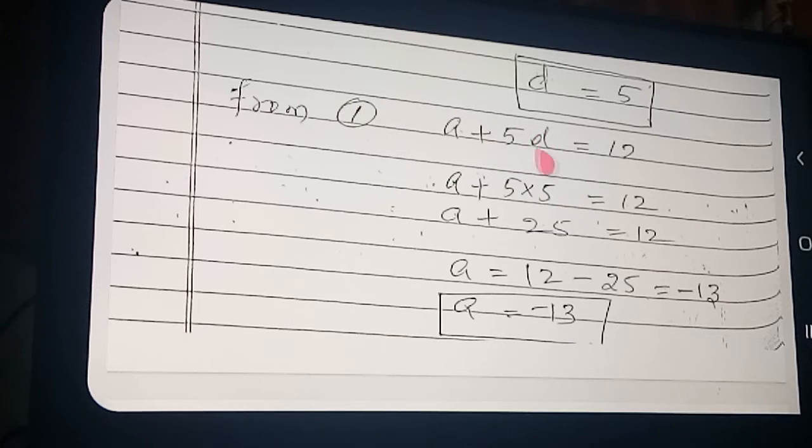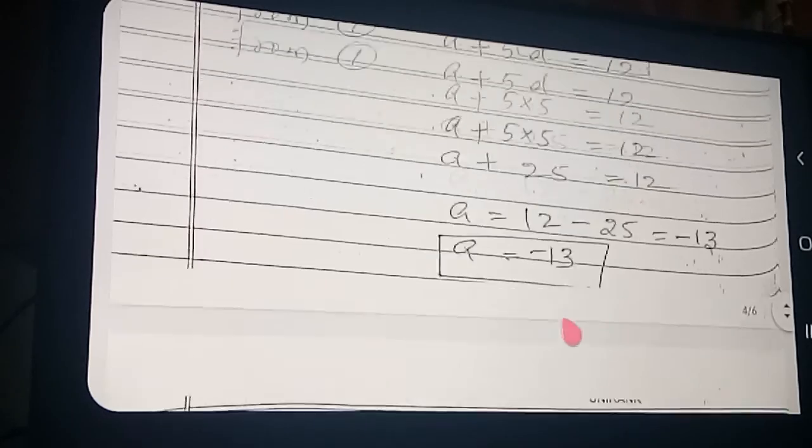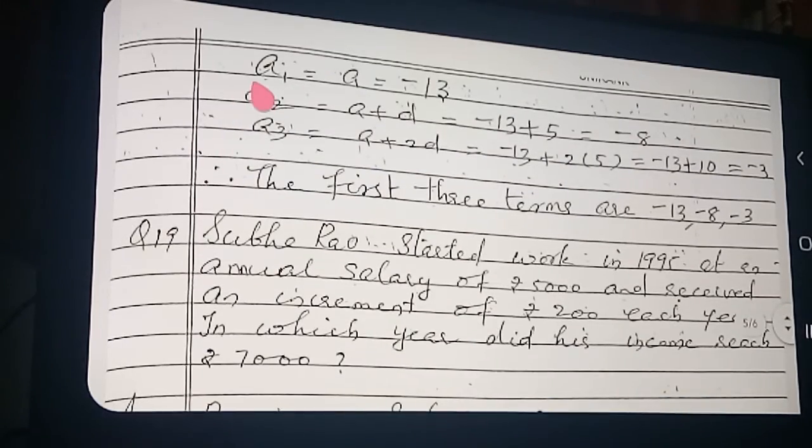Copy fast the value of D and A. You yourself do and see. You want to find out the first 3 terms of the AP. Okay, you got the value of D and A now? Yes. Move to the next page. So what is your question? Find the first 3 terms.